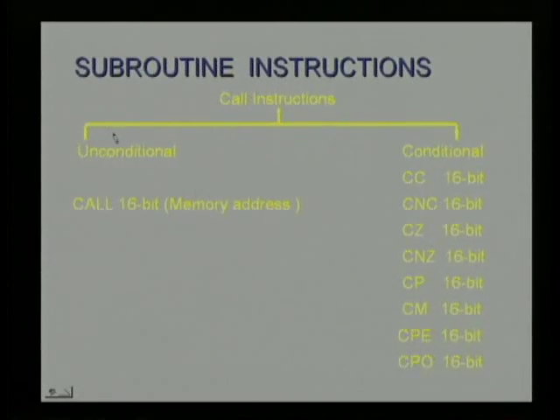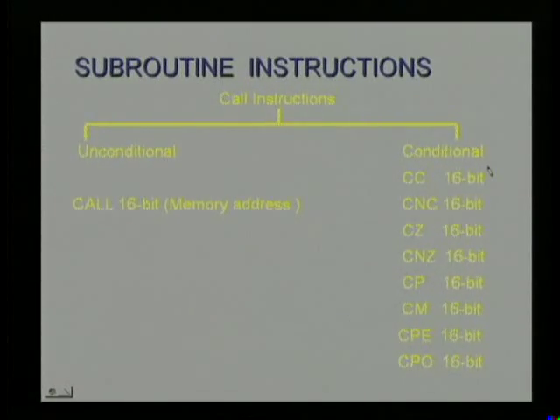These call instructions are of two types, unconditional call and conditional call. In unconditional call, only one instruction is there, call 16-bit. The 16-bit operand refers to the memory address of the subroutine being called. So unconditionally, that is without depending on status of flags, the program sequence will be transferred to the subroutine address.